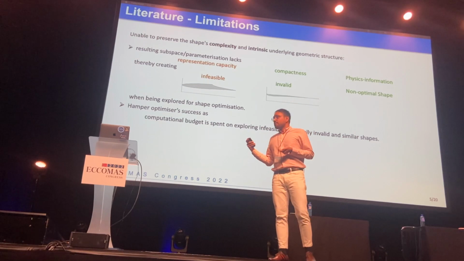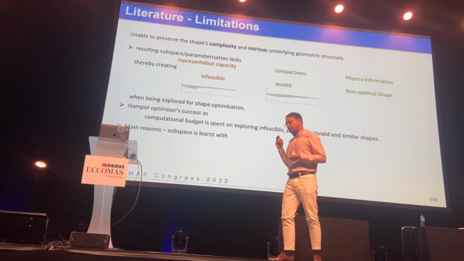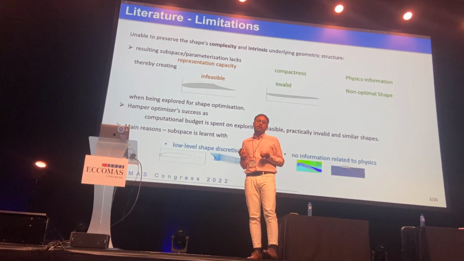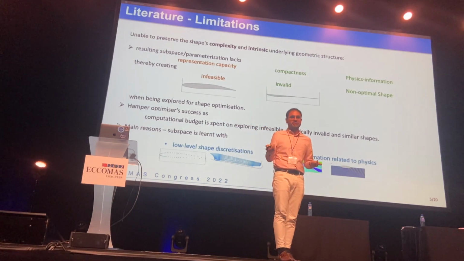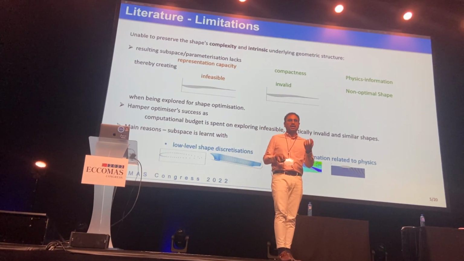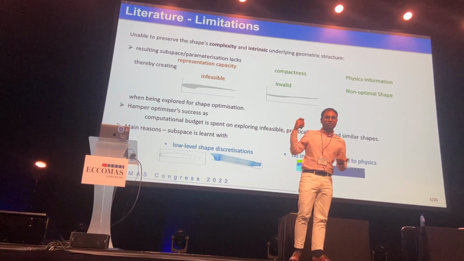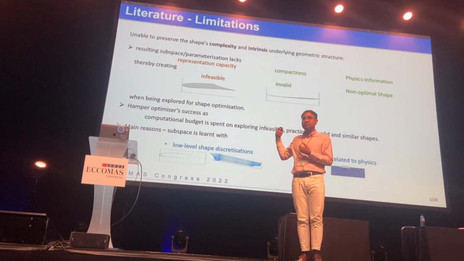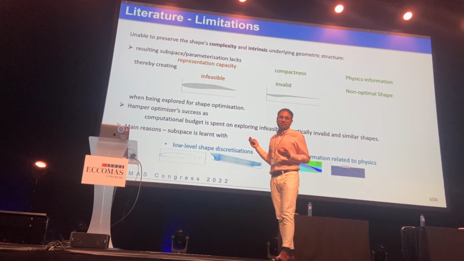This mainly happens for two reasons: the geometric representation that we give to those techniques I mentioned in my previous slide is merely a discretization, not a rich representation of the geometry, and there's no information about the physics. There are approaches called reduced order modeling, where we do the same reduction for the physics, but not for the geometry. That is something completely different.